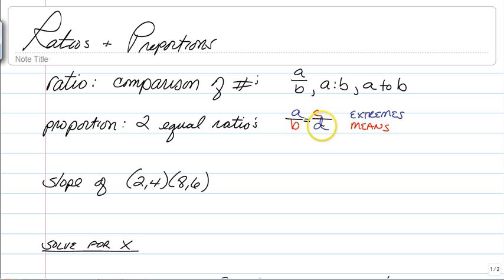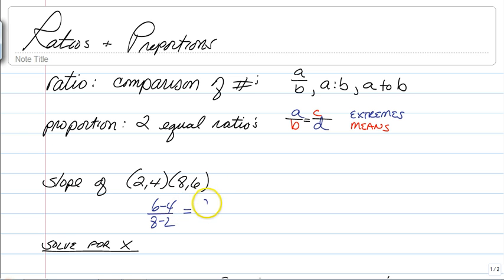So the numbers here in blue are your extremes, and the numbers here in red are your means. Let's think about some sort of ratio that you're already familiar with in geometry. That would be slope. Slope is just the ratio of how far you rise over how far you run. So when you work with a slope, all you're doing is 6 minus 4 over 8 minus 2.